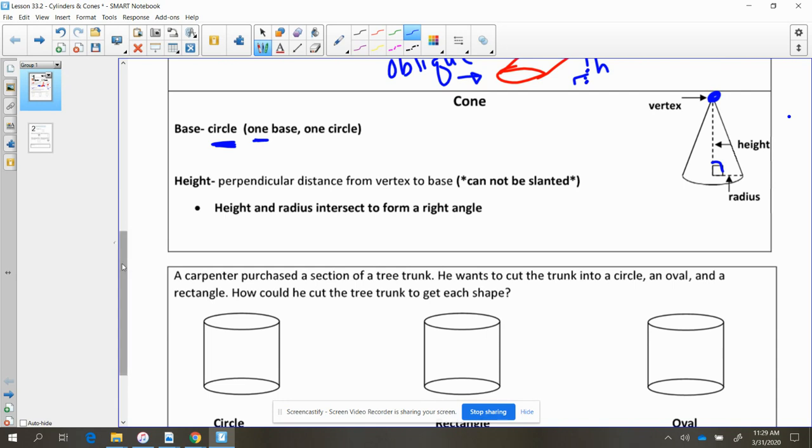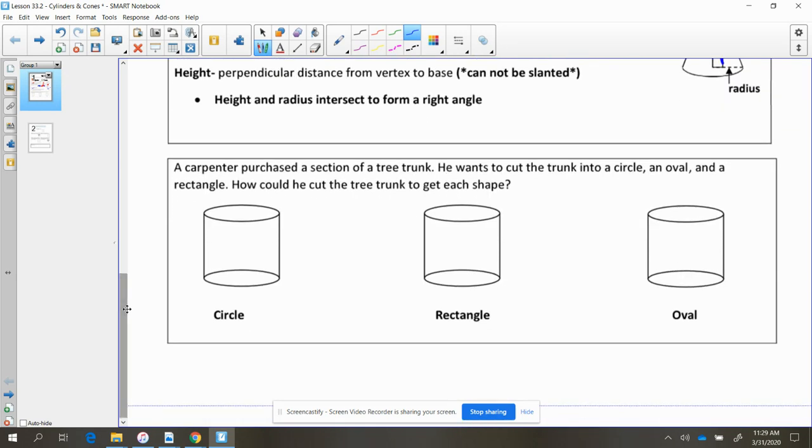Now, down below here, we have a carpenter purchasing a hunk of tree wood, and he wants to shape that into a circle, an oval, and a rectangle if he slices it. So how could he cut the tree to make those shapes? We want to go back to that vocab word from the last lesson, cross-section.